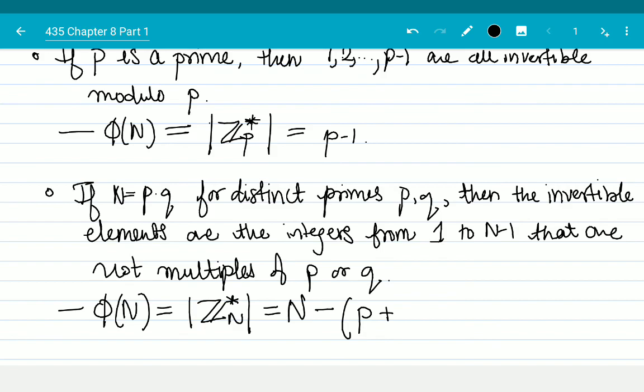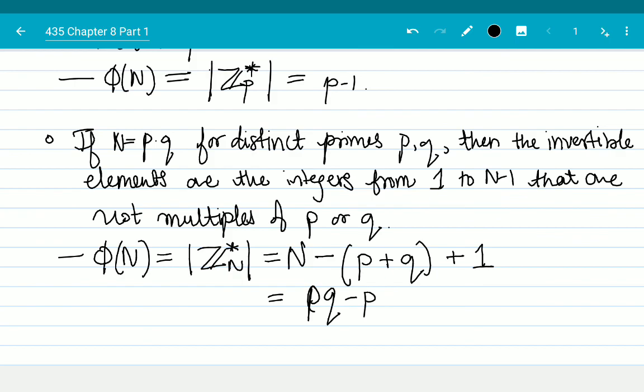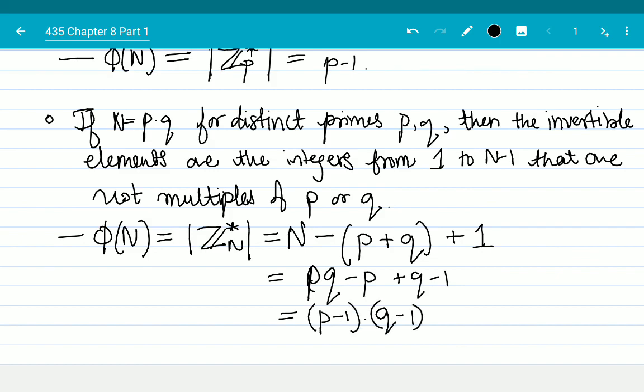There's p, 2p, 3p, all the way up to q times p. So there are q of these. But there's one that I've counted twice: n, which is pq, as both p times q and q times p. So I add the number 1. This is basically pq minus p minus q plus 1, which is equal to p minus 1 times q minus 1.